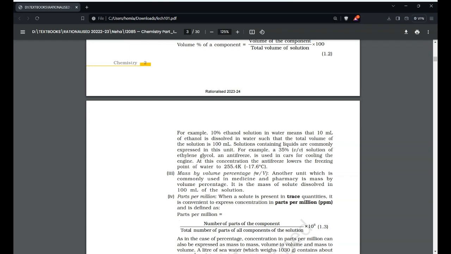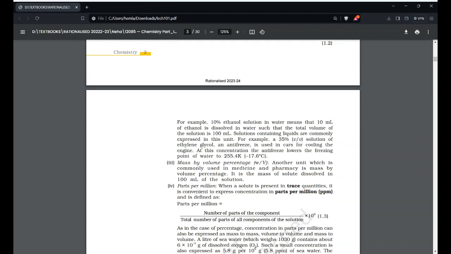And this is used in cars for cooling the engine, as antifreeze. Basically the antifreeze lowers the freezing point of water to 255.4 Kelvin, which is minus 17.6 degree Celsius.